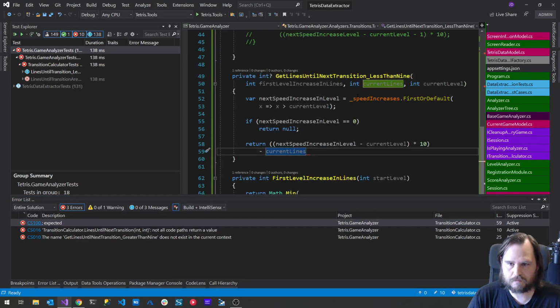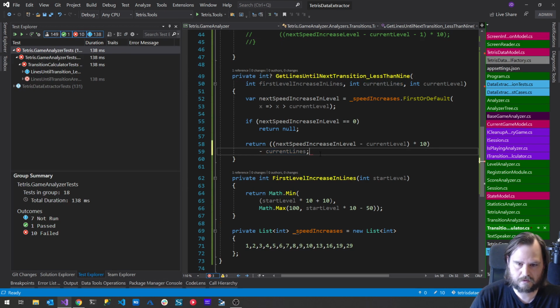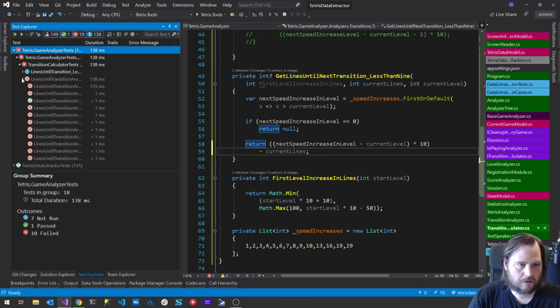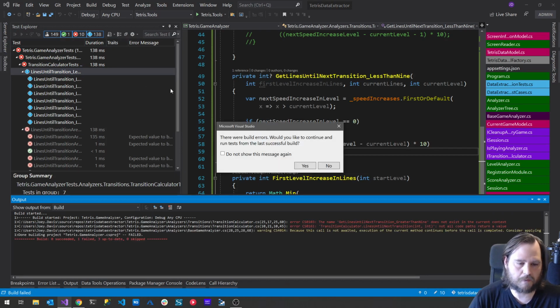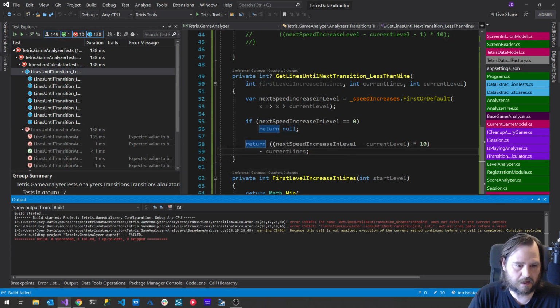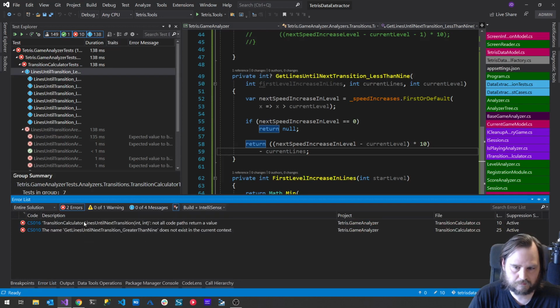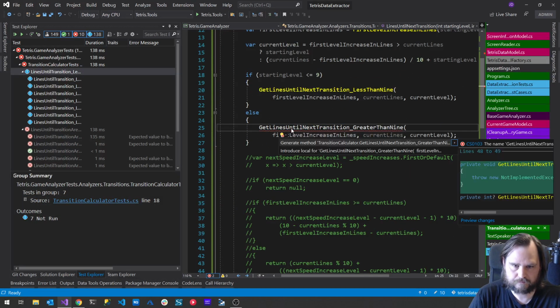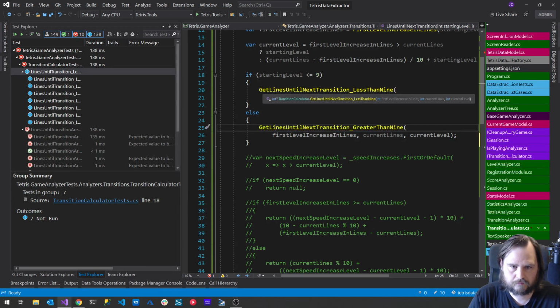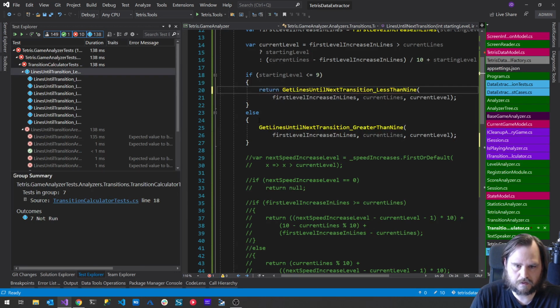No, what's the problem? Of course. Lines until transition, less than... Oh, come on. Now I'm getting upset. Oh, right. Return.